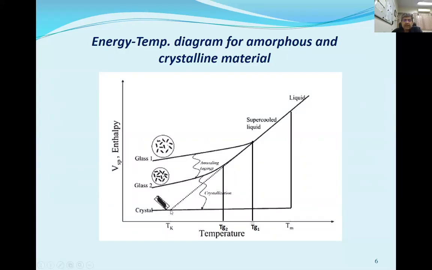And if this keeps on falling further, this line will meet the x-axis somewhere here, which means the entropy has become 0 at a temperature which is higher than absolute 0.